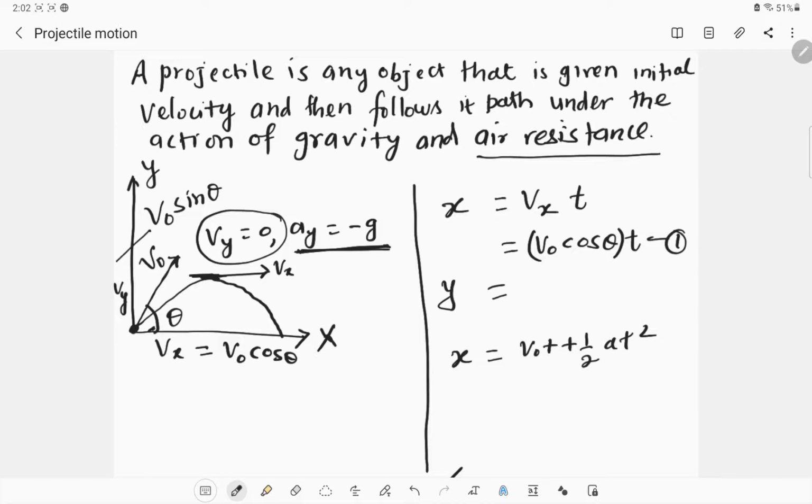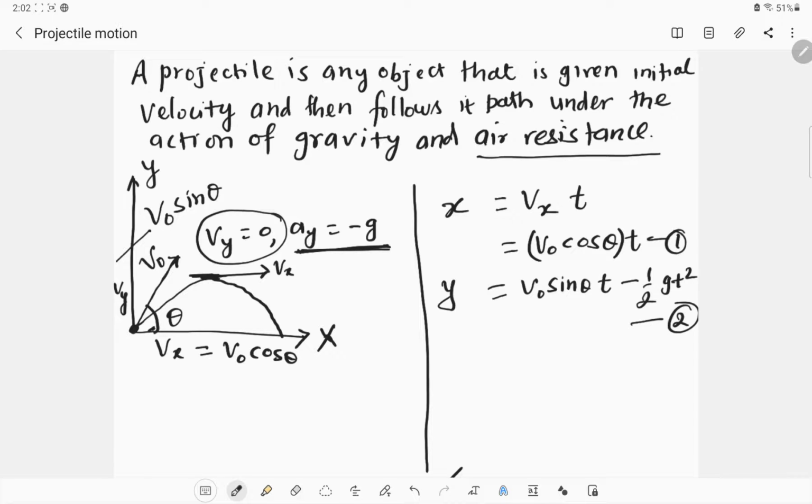If you extend this, the vertical velocity component is v naught sin theta, t is the same, and a is negative g, so we get negative half g t squared. So this is the y position of the projectile, and let's say this is equation 2.